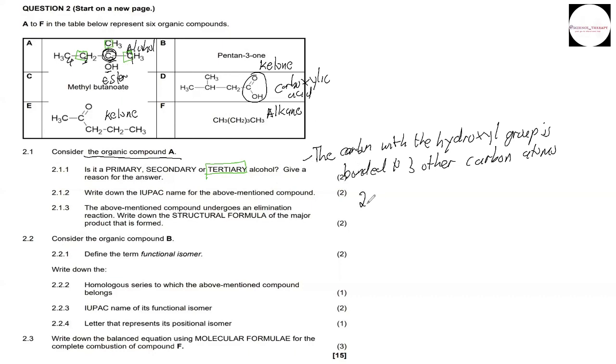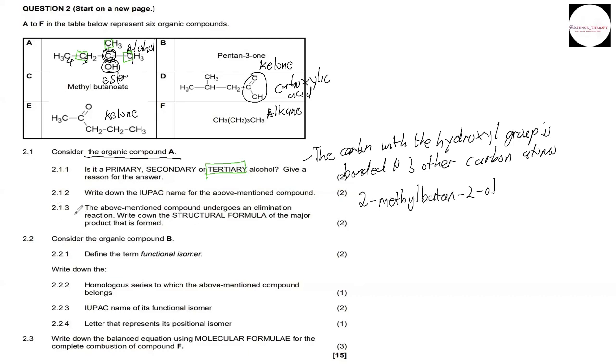So this is supposed to be 2-methyl. And then what do we see? We can see that in number 2, we have the hydroxyl group, but then we have 4 carbons here. So this is supposed to be butan-2-ol, right? So 2-methylbutan-2-ol.